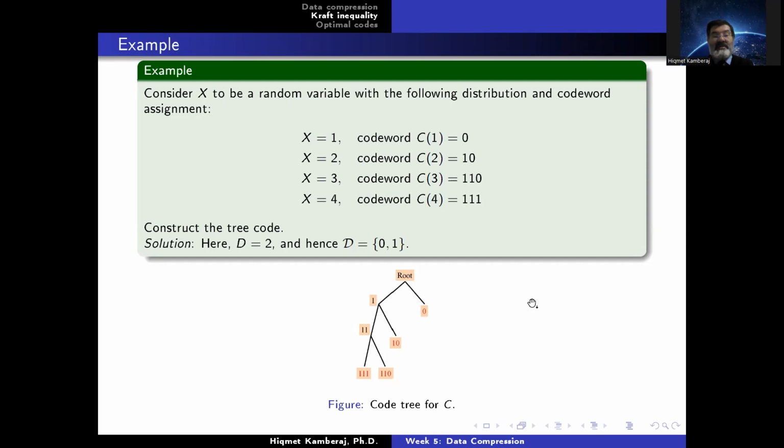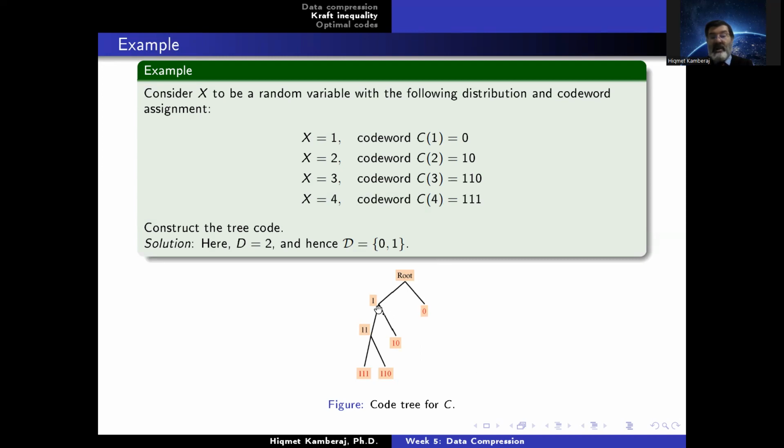Now you could notice that D is equal to 2 in this case. So this means that the set D is 0 and 1. So if I start with the root, then the children of this one will be 0 and 1. Then I have C of 1 code 0, then I pick up 0 and remove all the descendants of 0.